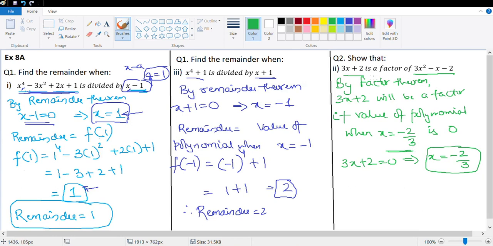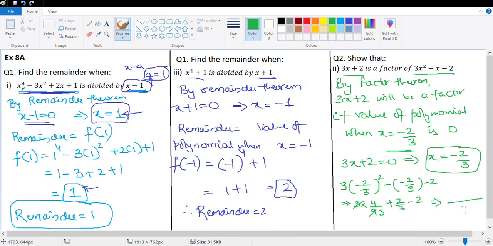So let's substitute the value. 3 multiplied with negative 2 by 3 whole square minus negative 2 by 3 minus 2. So this will be equal to 3 multiplied with, that's negative 2 square, that's 4, 3 square, that's 9, and this is plus 2 upon 3 minus 2. Let's take the LCM.